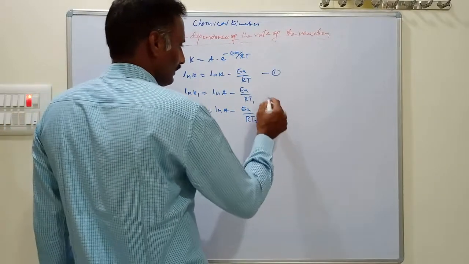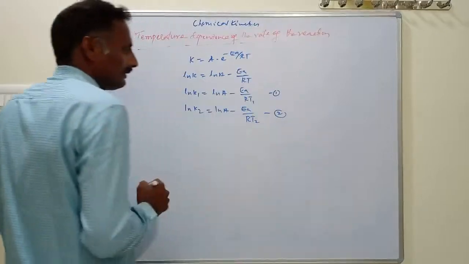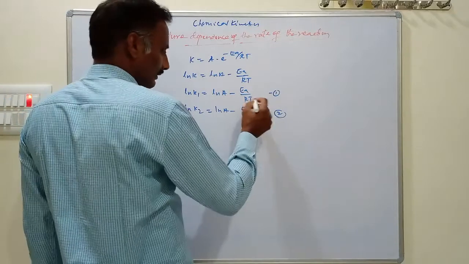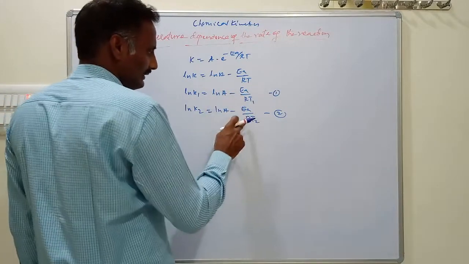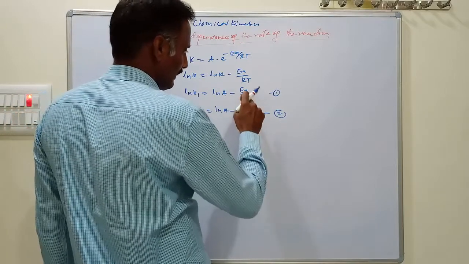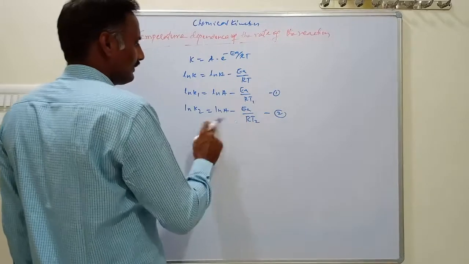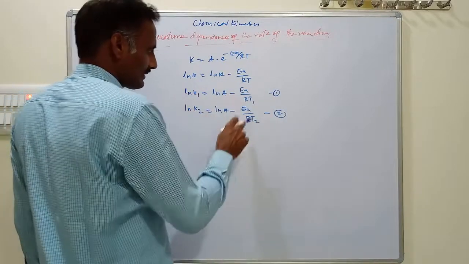This is equation 2. EA is the energy of activation, and K1 and K2 are two rate constants at two different temperatures.